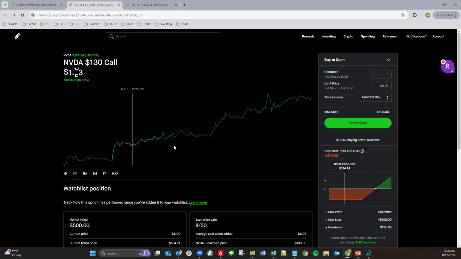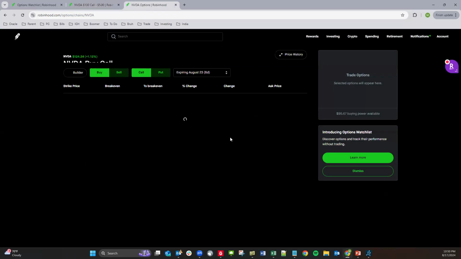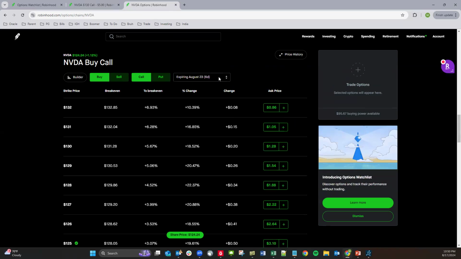But with the time factor, let's say I would have sold it here because this is the August 30 expiry. But if, let me go back to the trade options, if I take August 23rd, so let's do 1 week of expiry, let's say I'm buying this on Monday open, and by Friday I expect it to move.